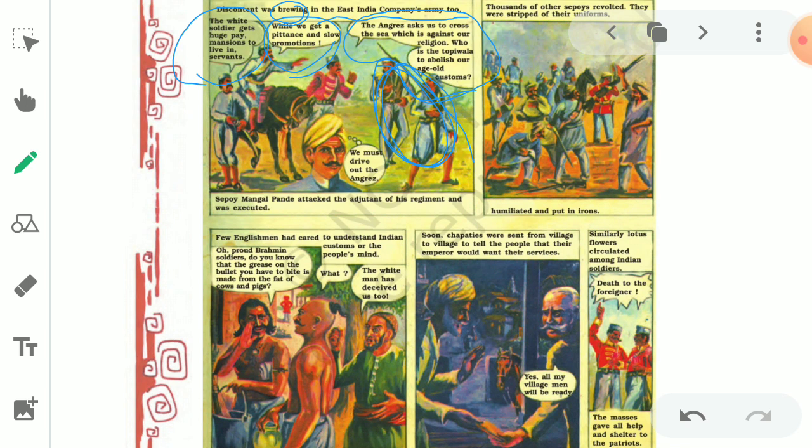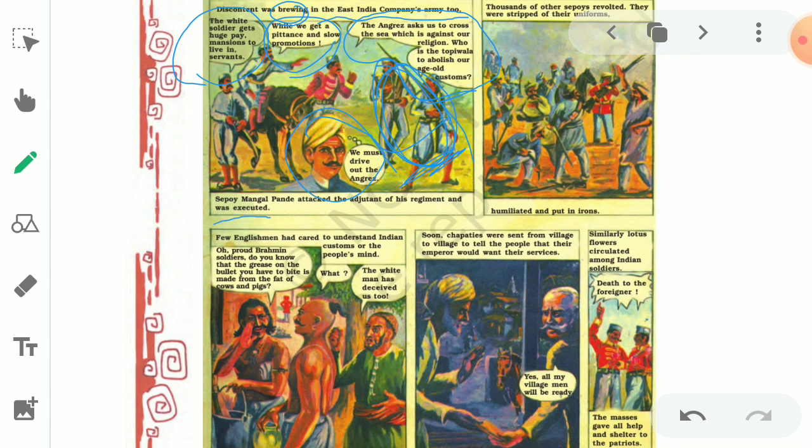In this way, they came to know about the British rule and they started to question the British people, the white men, about their jobs and their customs and all. Here you can notice the picture, and he says, we must drive out the Angrez. He is talking about how he wanted to send the British off from the country.